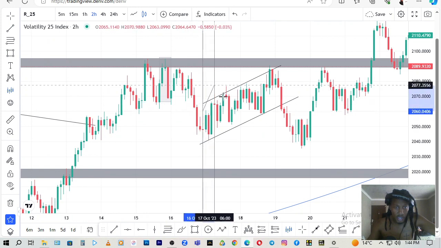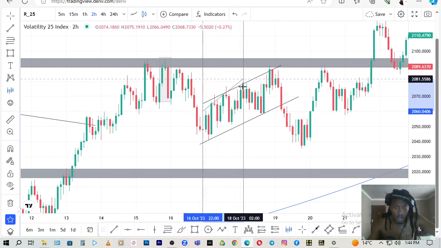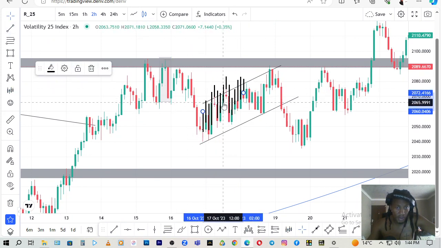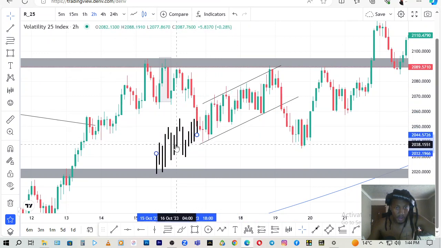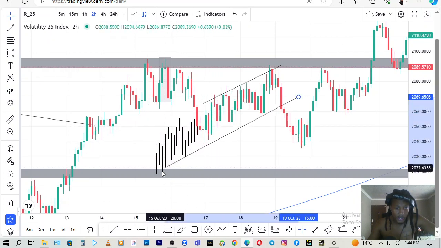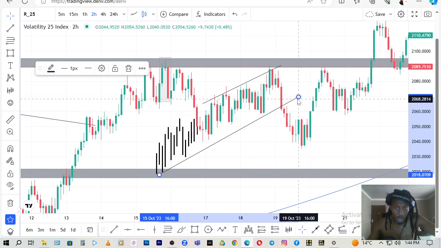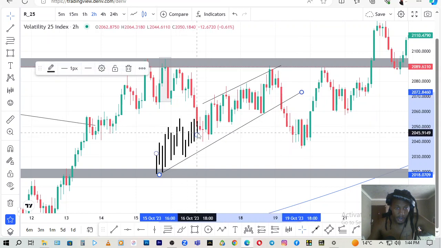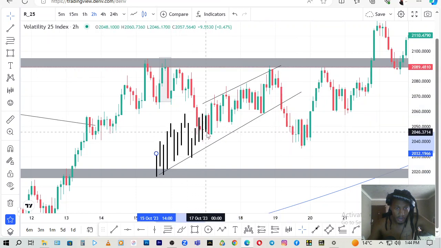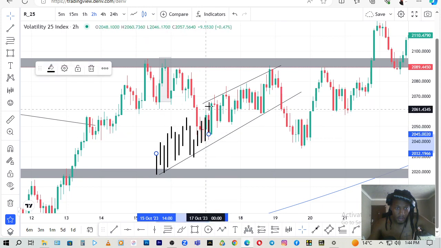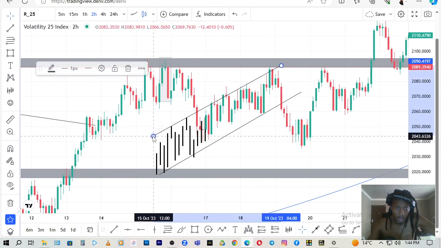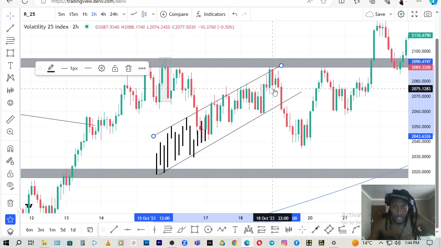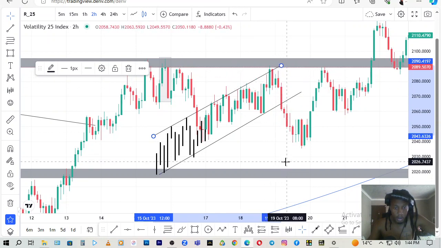If we had something like this, I would know that I'm entering where I'm entering with a bullish engulfing on the rejection to come to which level?